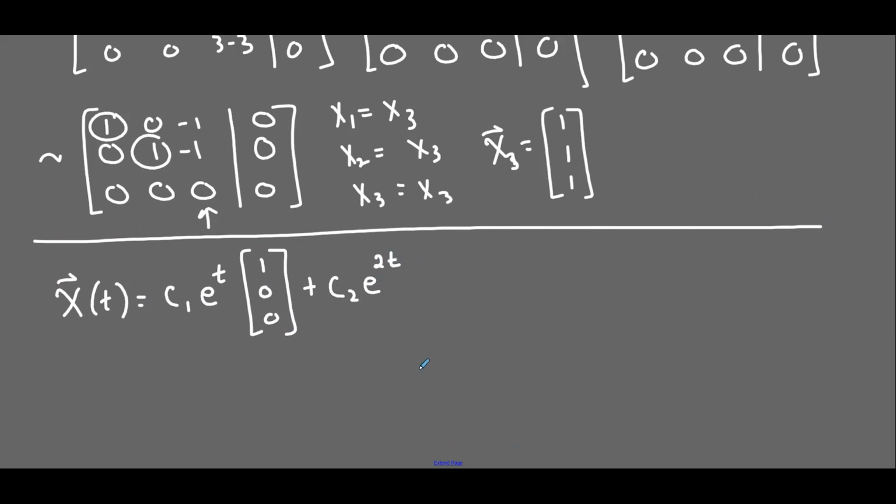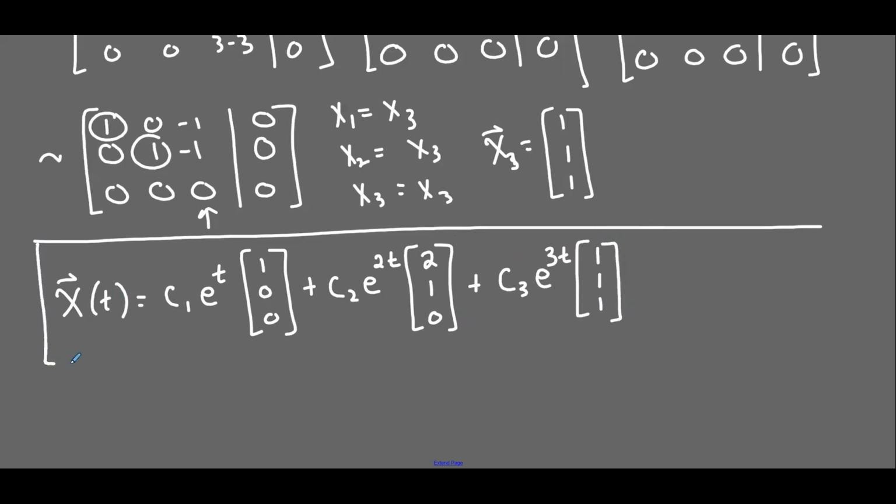So I have c2 e to the 2t. And our eigenvector was 2, 1, 0. And then the third eigenvalue was 3. So I have c3 e to the 3t. And my eigenvector is the one we just found. It's 1, 1, 1. And that is your solution.